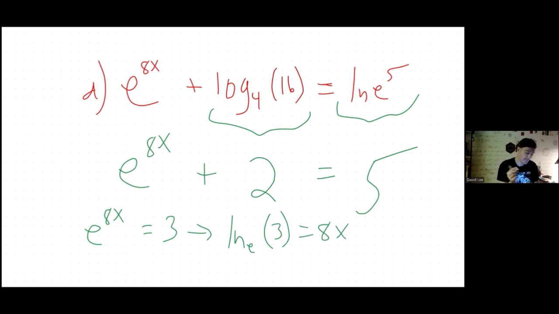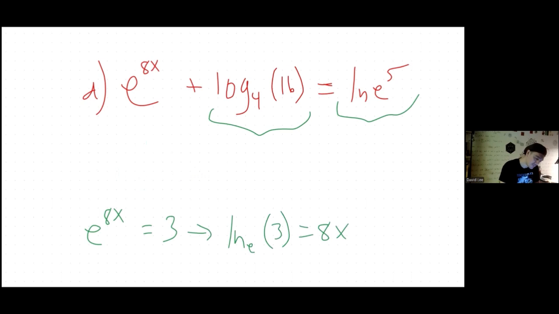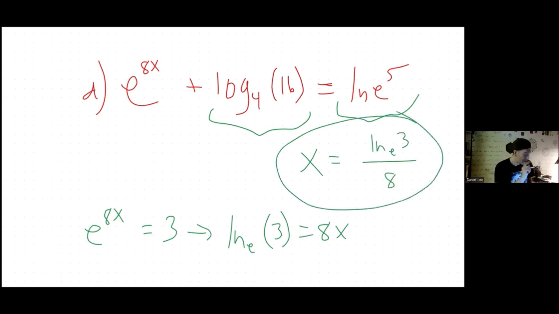And then to get x alone, just divide by 8 and we're done, right? Just divide by 8. So final answer, let me write this down. So our final answer would be x equals natural log base e of 3 all above the number 8.